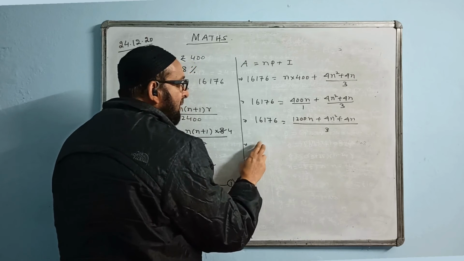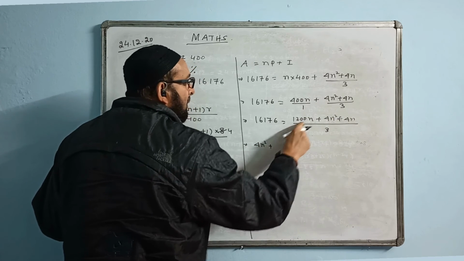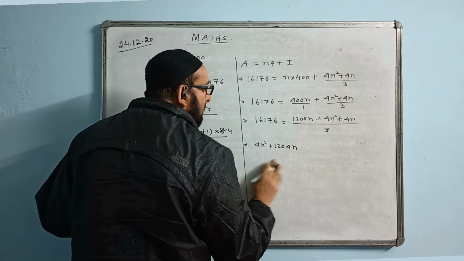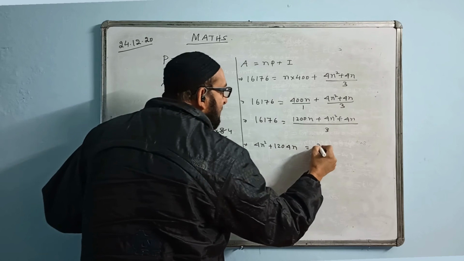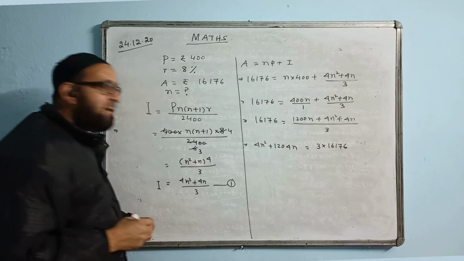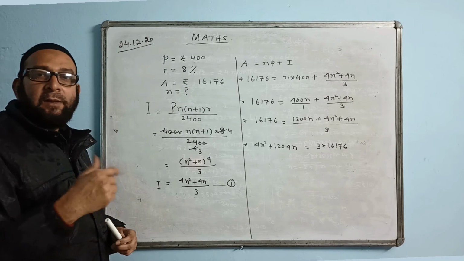First we write this value, 4n square, and this and this will add, it will become 1204n, equal to 3 multiplied by this, 3 into 16176. We may not multiply, we just write it in multiplication form.